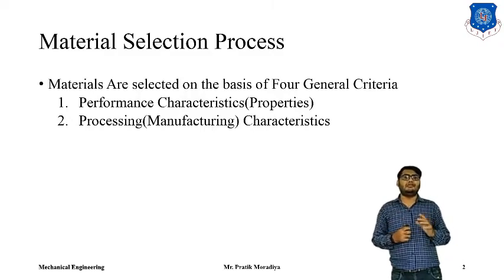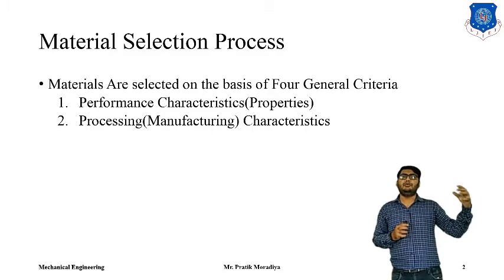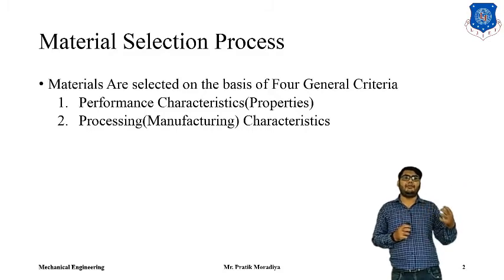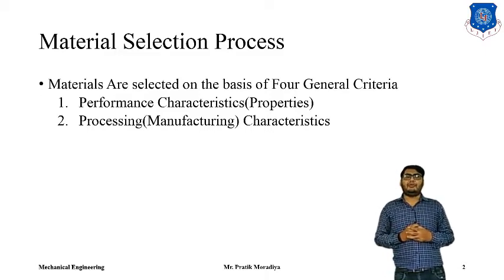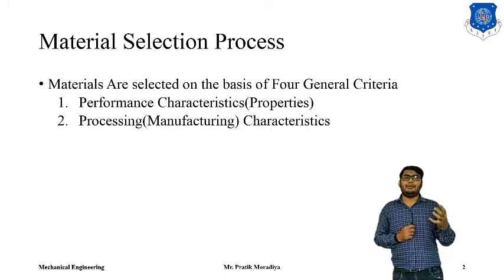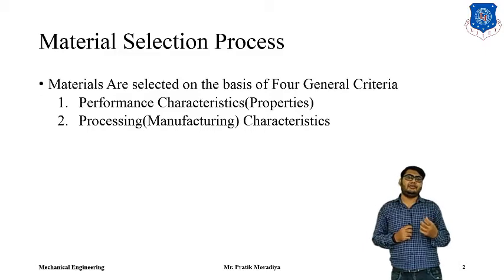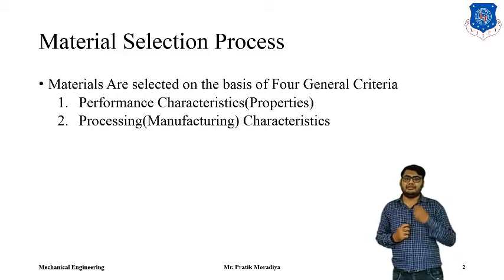This is very important. What features or what shape do we need to achieve in the product? For example, if you are considering cast iron as a material for a product and your product does not have very complex features, then it is a good candidate considering manufacturing characteristics.